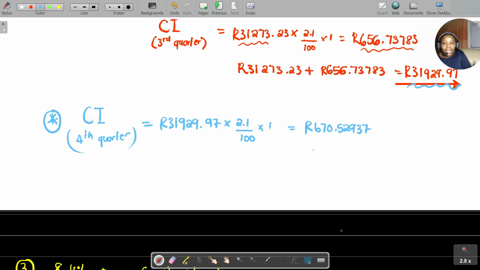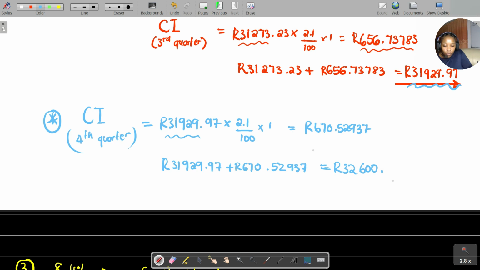Meaning that at the end of the fourth quarter, how much will she owe her parents? It'll just be 31,929.97 plus 670.52937, which is equal to 32,600.